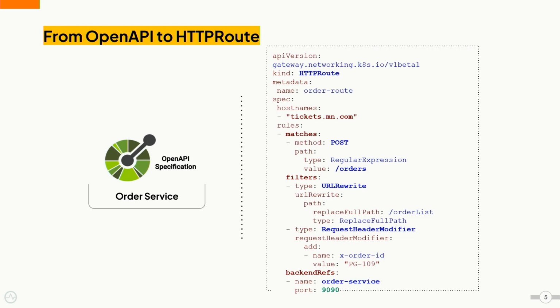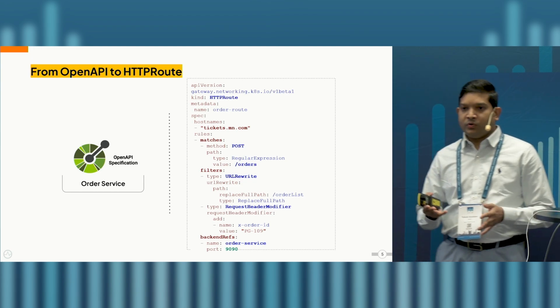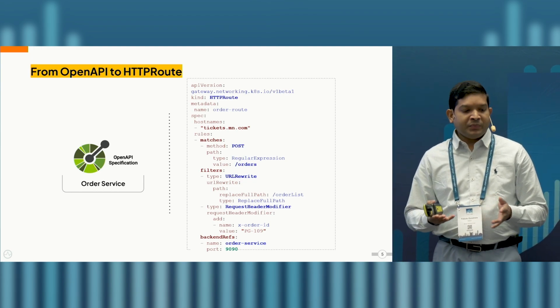The hostname section, that's where you define the hostname for your API to be exposed, and then you have the rules section. That's where you define multiple rules for your API, and in this case, the POST method is there with the orders resource path, and then you have the filters section.